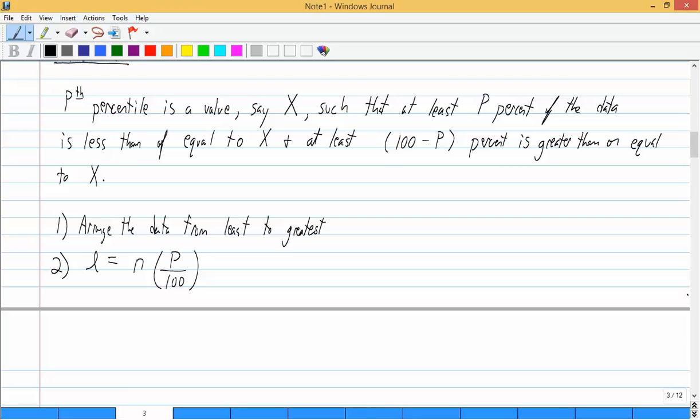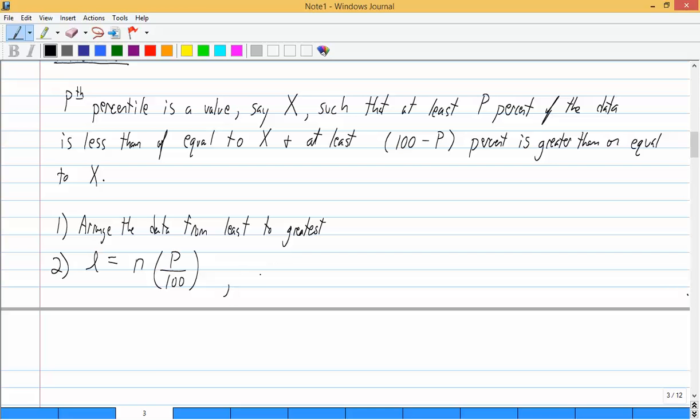Whenever we find that number, it's either going to be a whole number or it's going to be a decimal or a fraction.